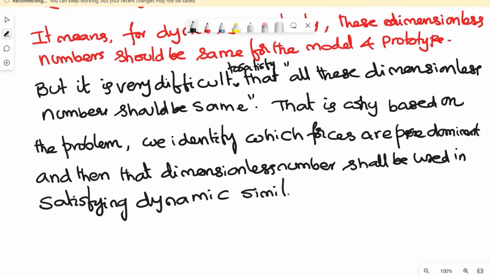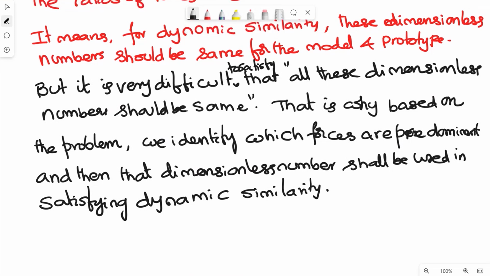So the meaning is, instead of taking all the forces, which are now converted into dimensionless numbers, we will not consider all the dimensionless numbers. In a particular problem, which forces are dominant? Suppose, for example, the inertia force and viscous forces are dominant. Then we use the Reynolds number, and other dimensionless numbers we will not touch at all.